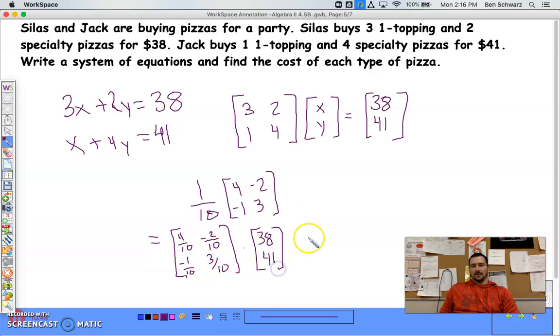matrix. So equals. All right, so here, for this top term, it's 4 tenths times 38. So 4 times 38 is, oh, I better break out the calculator just to be on the safe side. 4 times 38, so that's 152 over 10.